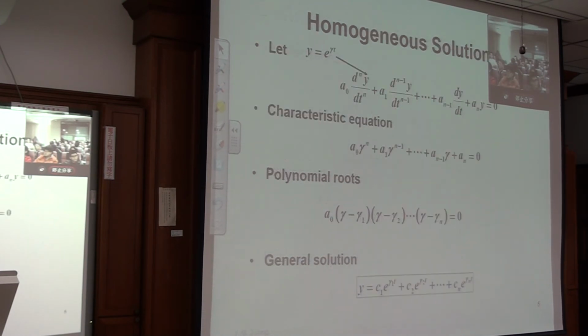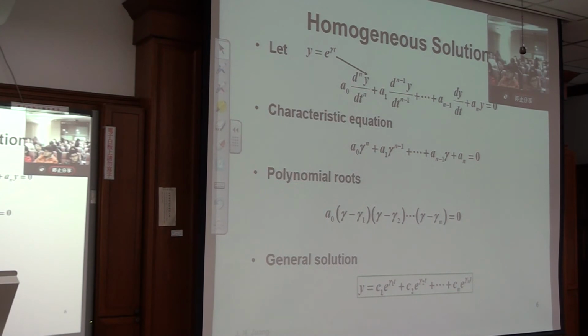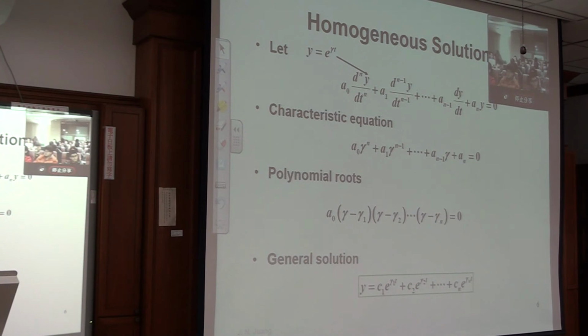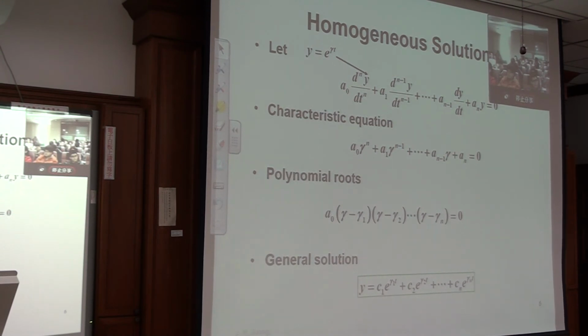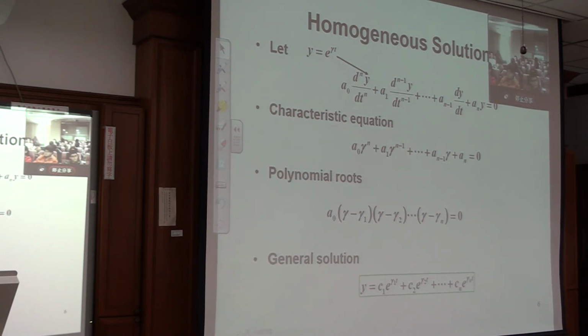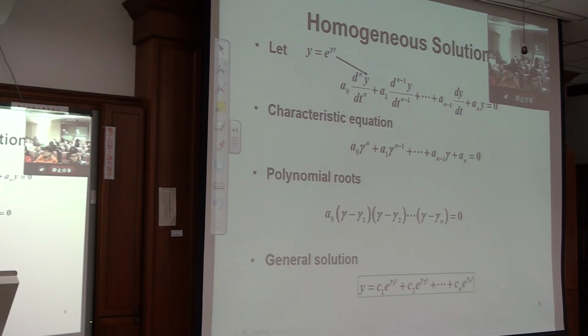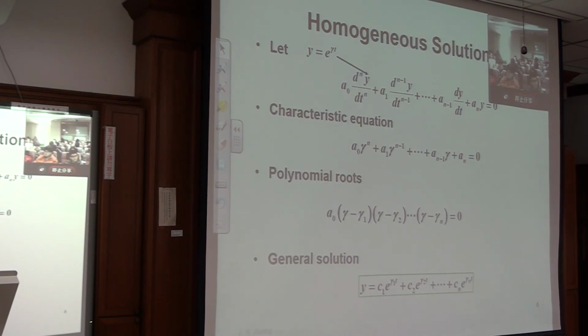So next, we see that we use the exponential function, exponential to some constant times t, as our guess solution. It's quite a reasonable guess because we know the derivative of the exponential function is the exponential function itself.